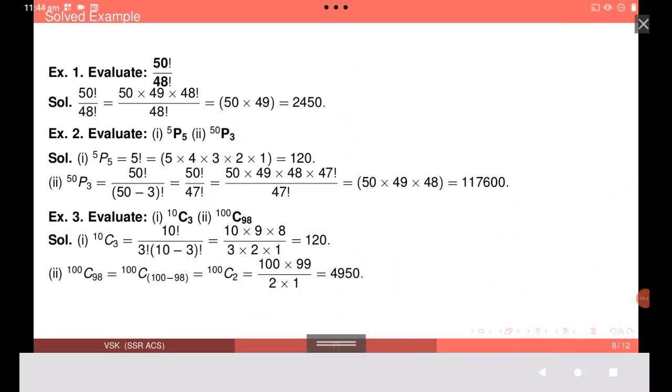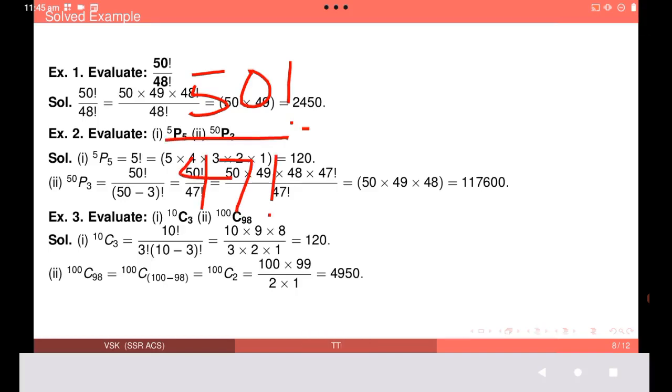Now evaluate 5P5 and 50P3. So 5P5 will be simply factorial 5 and its value is 120. 50P3, how will you evaluate? That will be factorial 50 divided by factorial (50 minus 3), so factorial 50 upon factorial 47. Let us see once again so you will understand how we are calculating it.